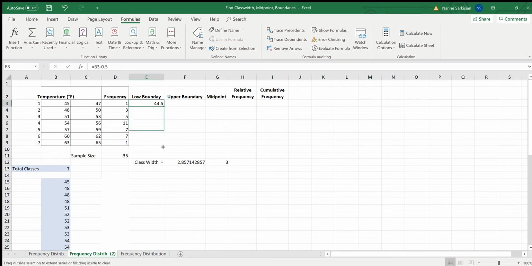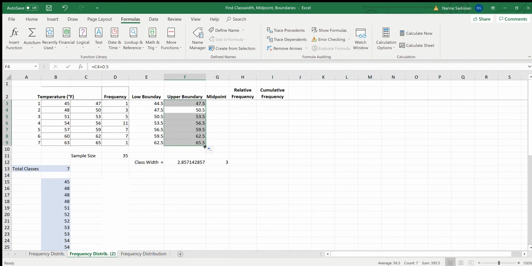As I drag down, it will be there. There we go. It will take 48 minus 0.5, so 47.5. 51 minus 0.5, 50.5. And for the upper boundary, I'm going to add 0.5. So equal, I'm taking this cell of 47 and plus 0.5. All right? Dragging down.